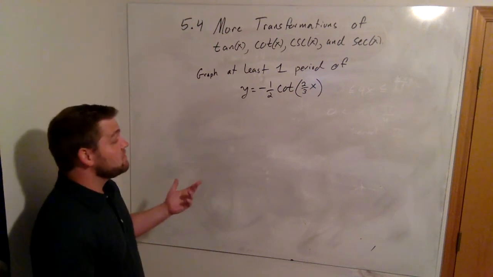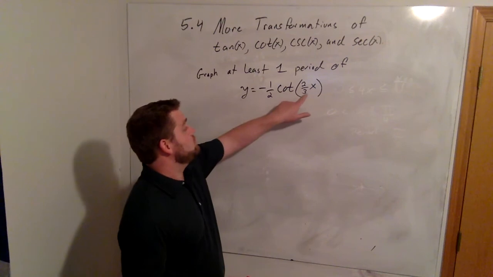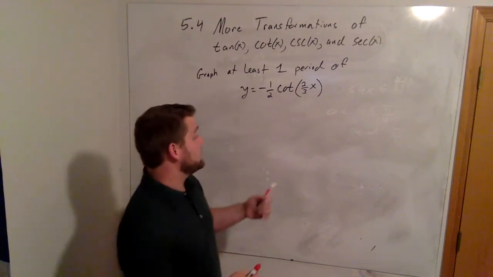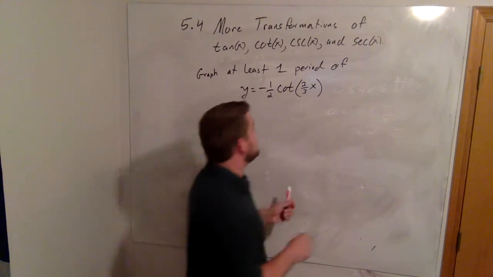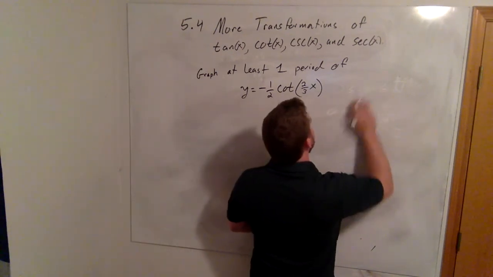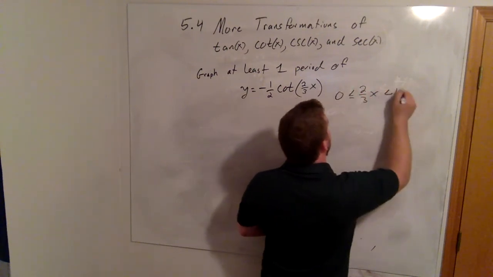So the first thing I'm going to ask myself is, what's the period of this function? I have 2/3 times x. You can either take pi and divide it by 2/3, or you could think that the period of cotangent is pi. So I want to know when the argument 2/3 x is between 0 and pi.